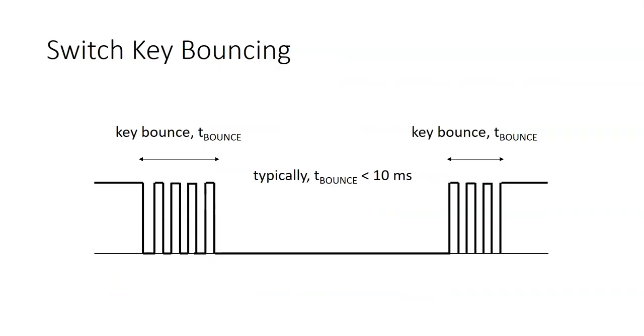So one other quick feature here that you all hopefully have seen before in 233 or other courses is this phenomenon of switch bouncing. And this is especially a problem for push button type switches, where when the switch is closed, we don't get a clean signal going from low to high or high to low, and instead see these oscillations during those periods.